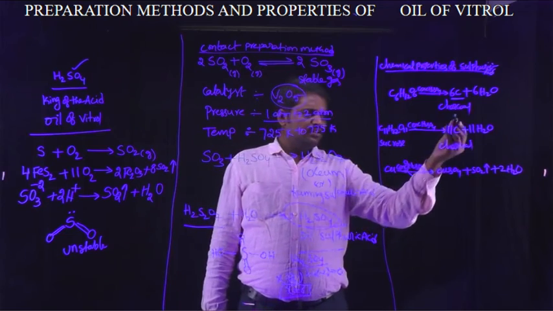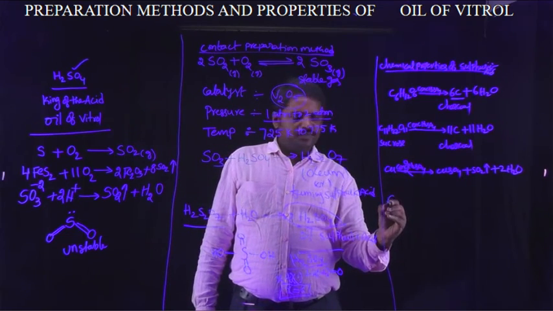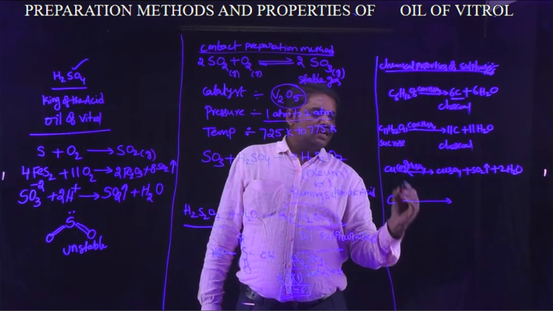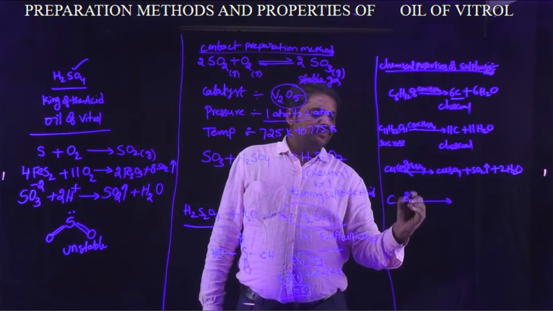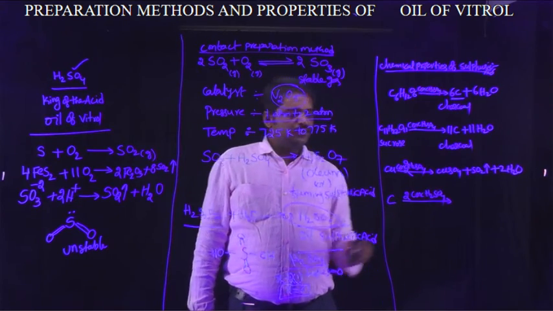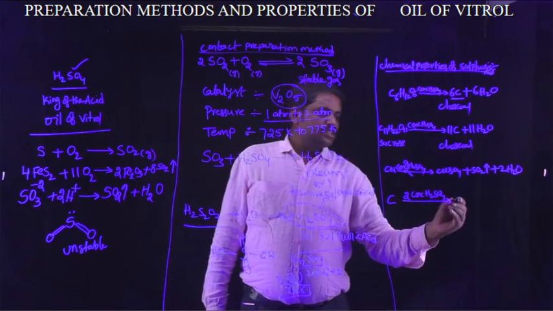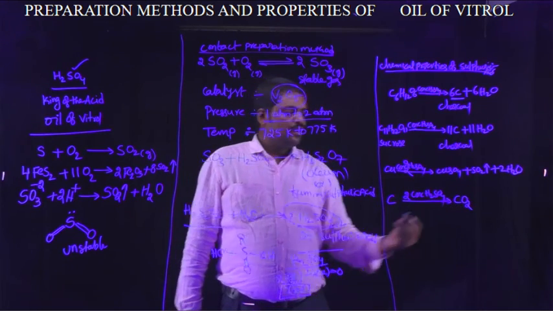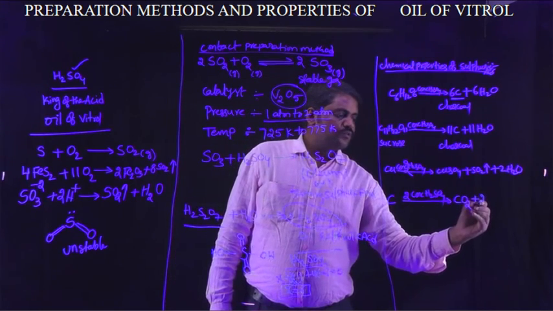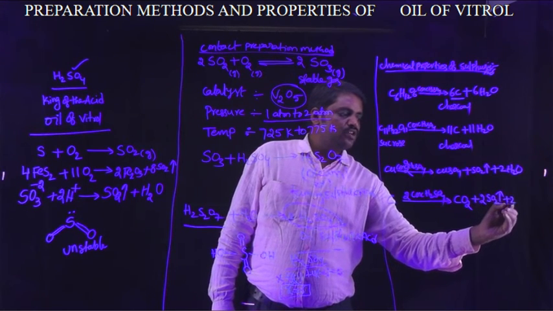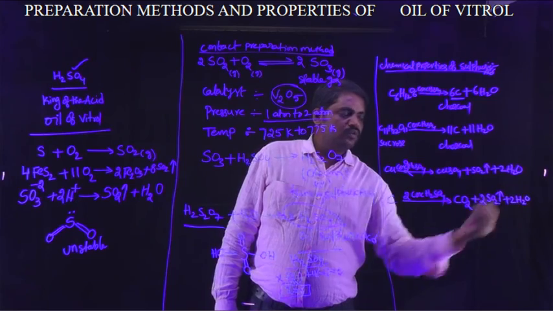And next one, charcoal, pure carbon, reacts with concentrated sulfuric acid in the ratio of 1:2. This carbon is converted to carbon dioxide, and 2 moles of sulfur dioxide gaseous molecule are eliminated, and also 2 moles of water are liberated.